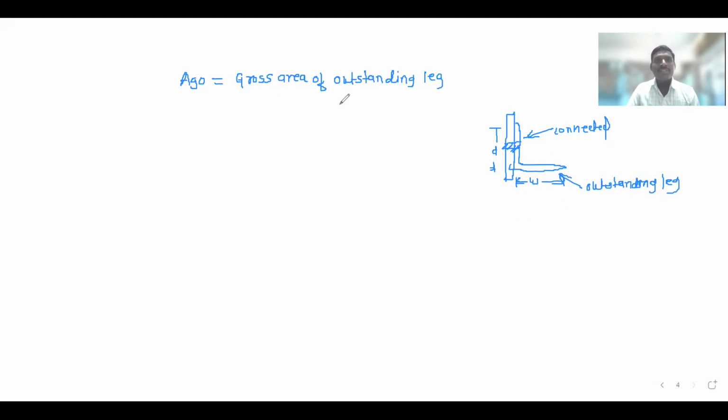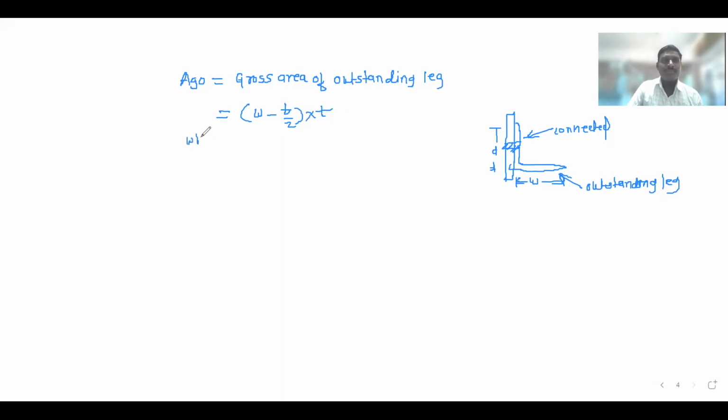So the gross area of the outstanding leg is equal to the width, W minus T/2, into T. Why is N into DH not there? Because there is no hole for a bolt. So we only subtract the average thickness and multiply by T. This is the gross area of the outstanding leg.